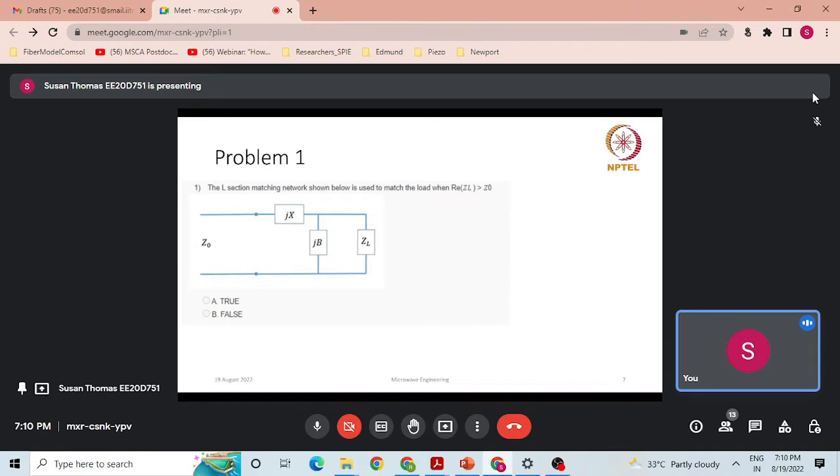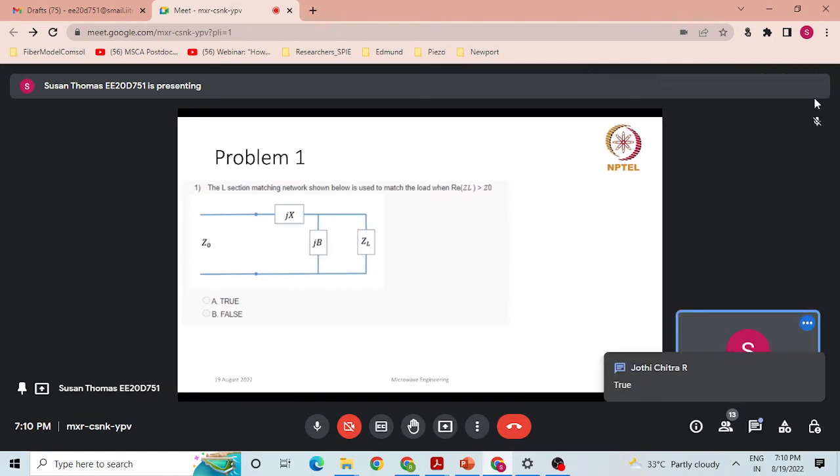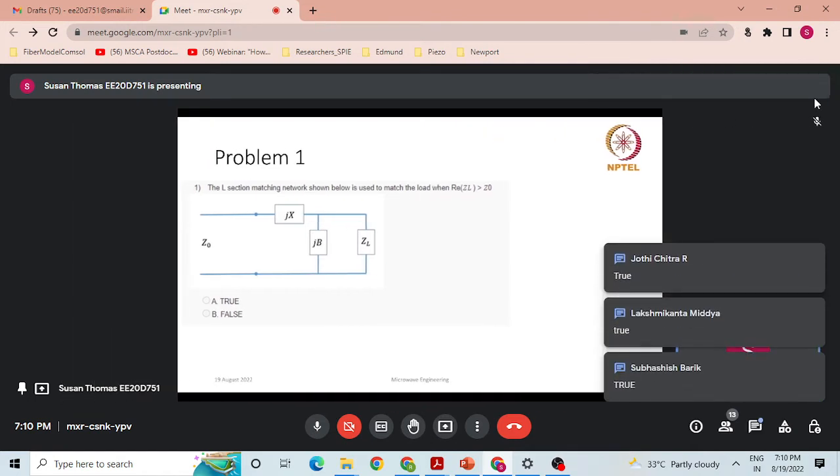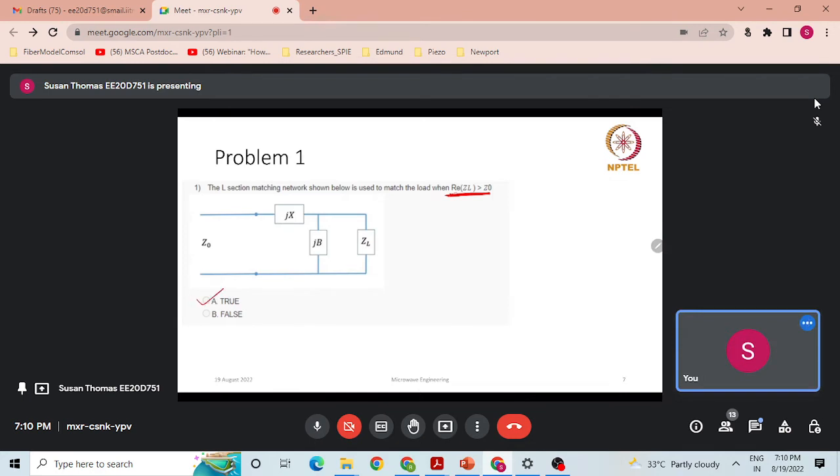Hopefully you can answer it now since we discussed it already. You can type in the chat what you think, whether it is a true or false statement. Yes, it is a true statement. This is the network for when the real part of ZL is greater than Z0. So this is a true statement.